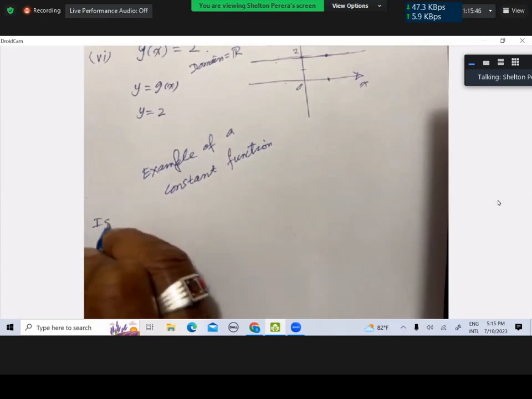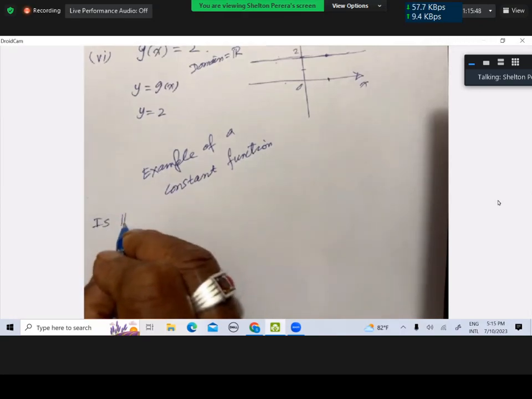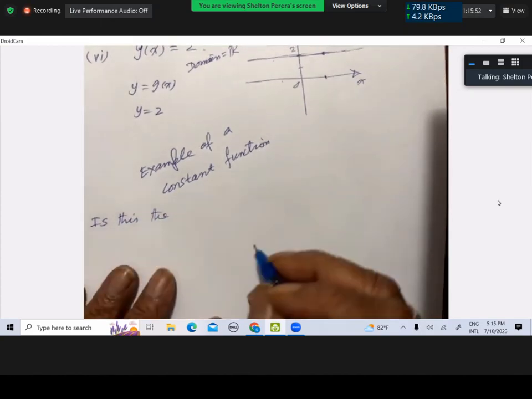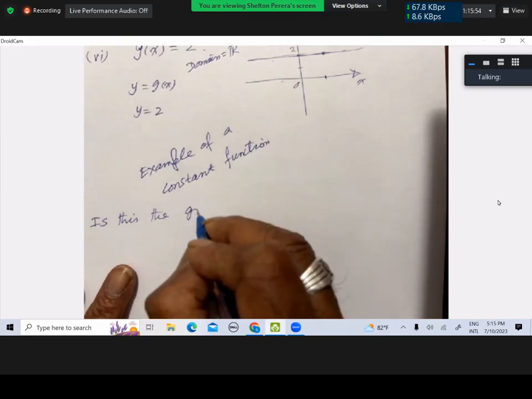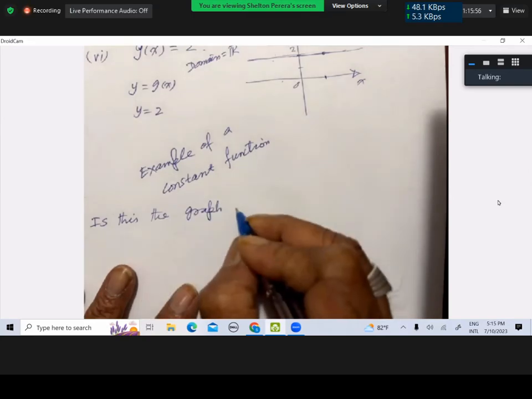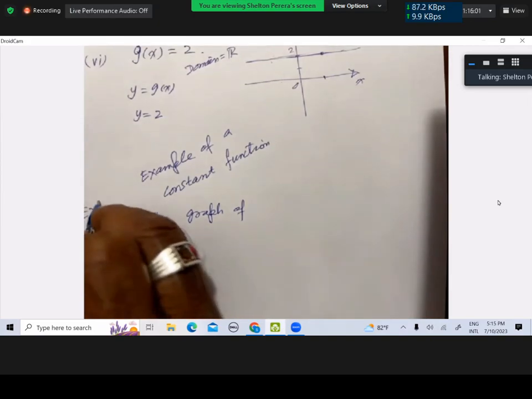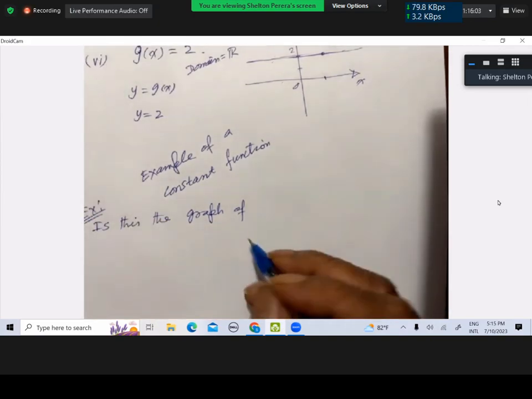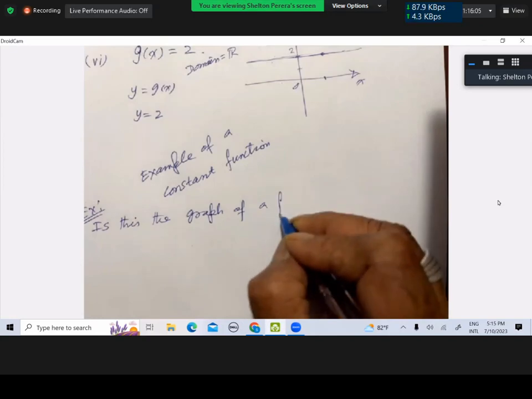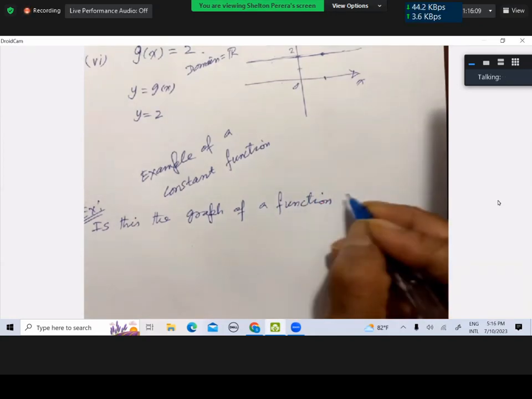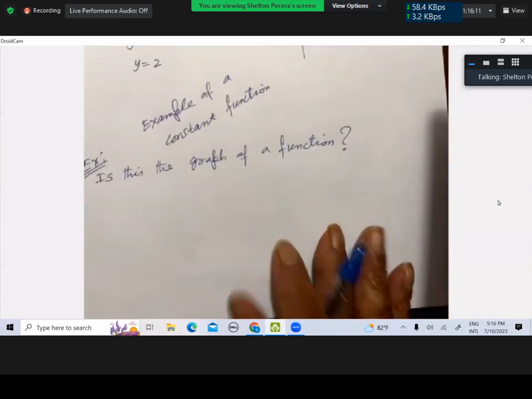So now, next one is, is this the graph of a function? Next example. Is this the graph of a function? What is this?